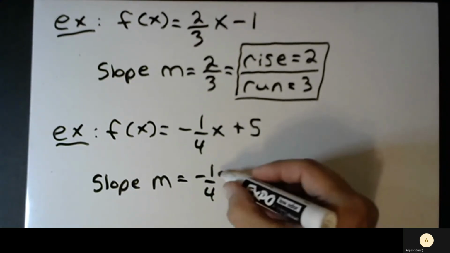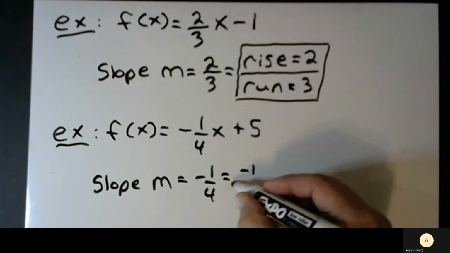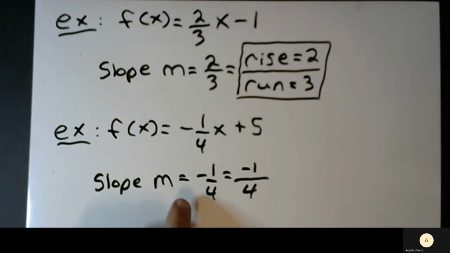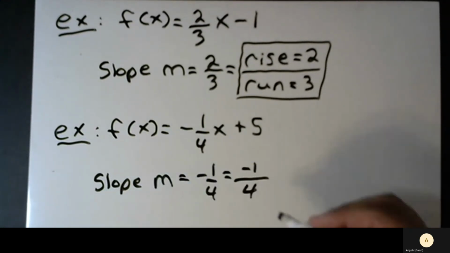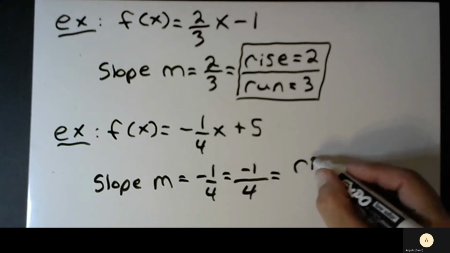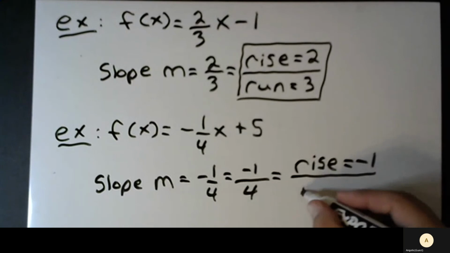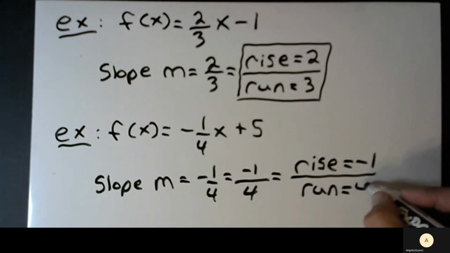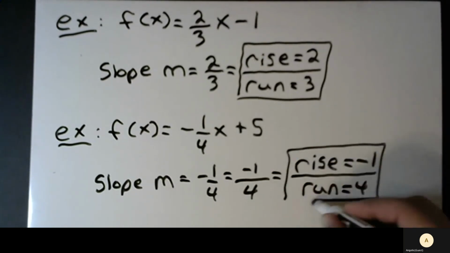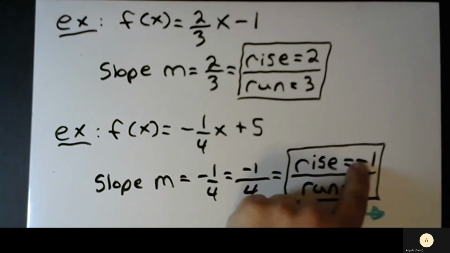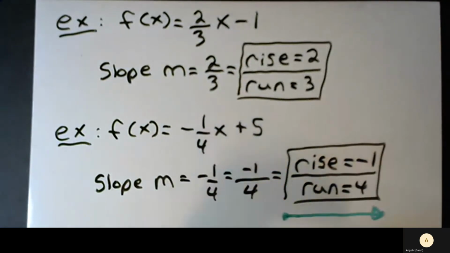But what we're going to do is take the minus sign, and if we're looking at our functions as always going left to right, we'll move the minus sign to the 1. And so we'll get a rise of -1 and a run of 4. And that's, again, if we're always going left to right. So a rise of -1 actually means we're going to fall 1 unit.